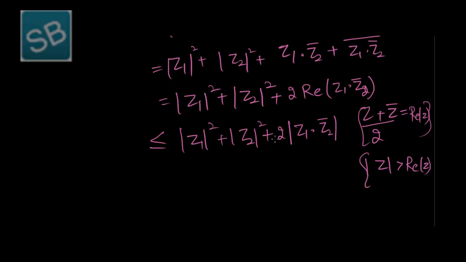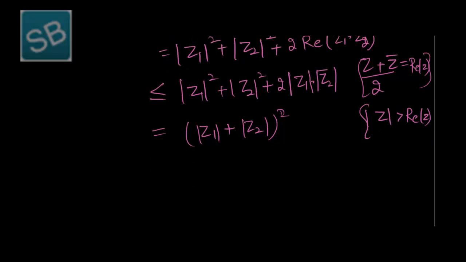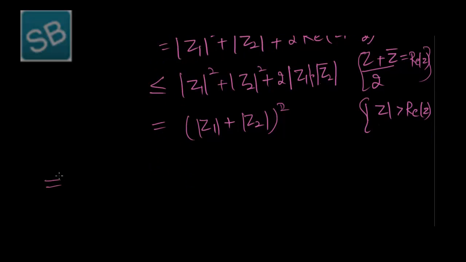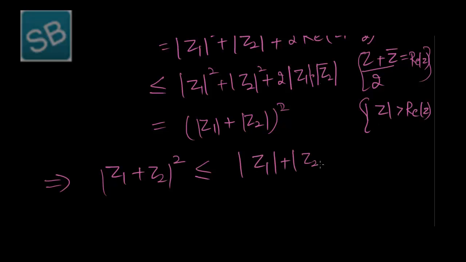And that is |Z1| into |Z2bar|, that is equal to A² + B² + 2AB, that is (|Z1| + |Z2|) whole square. So from the starting and end, we get that |Z1 + Z2|² is less than or equal to (|Z1| + |Z2|)².